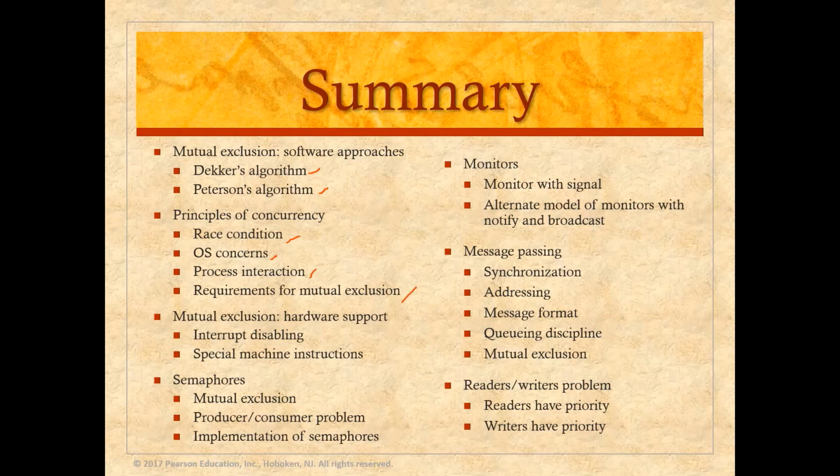For hardware support, we have 2: interrupt disabling and the special machine instruction. Semaphore is one type in OS, monitor is the second type in OS approach, and message passing is the third approach in OS.